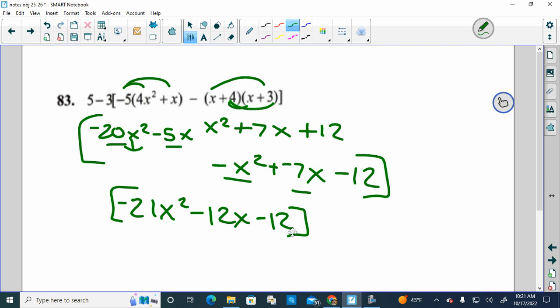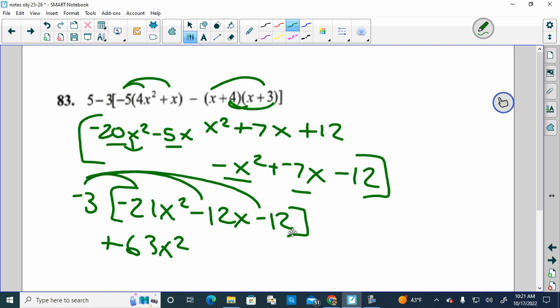Good so far? Okay, what's my next step? Multiply the negative 3. Okay, so that goes to all three of those. So it's going to give me a positive 63x squared, and then a positive 36x, and then a positive again 36.